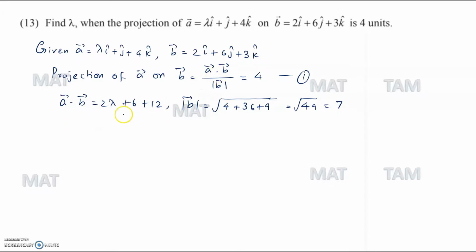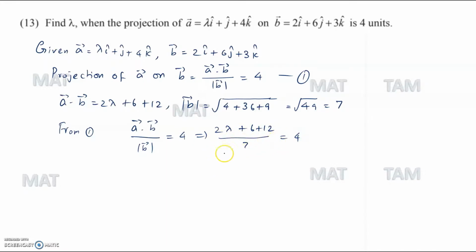So we know that A dot product with B by magnitude of B, you can say from 1, we know this is equal to 4, which means our A dot product with B is 2 times lambda plus 6 plus 12 divided by 7 is equal to 4.